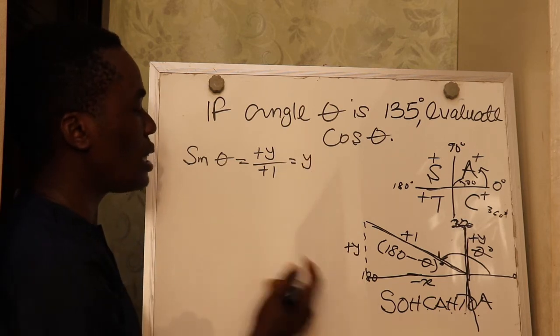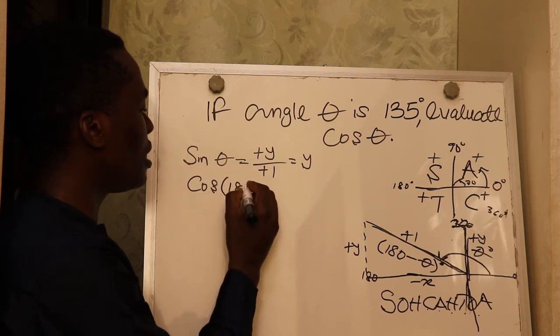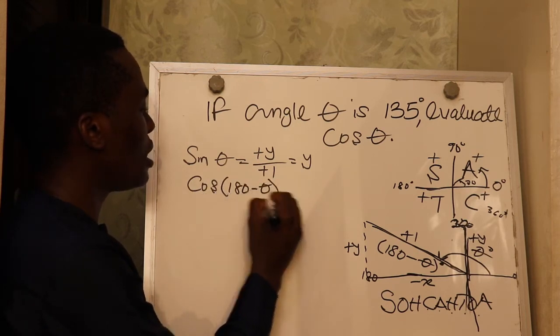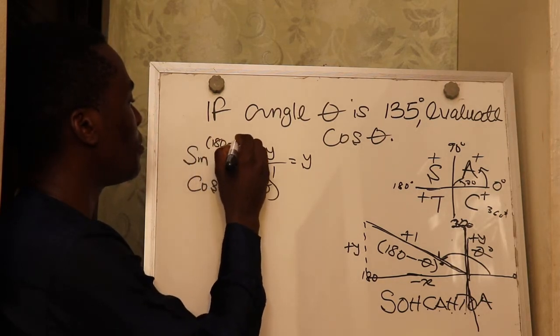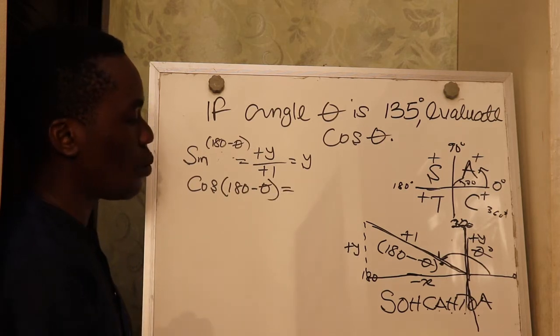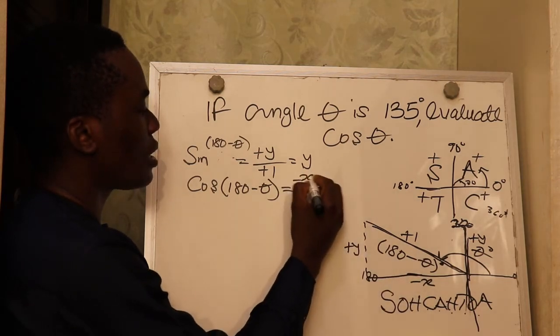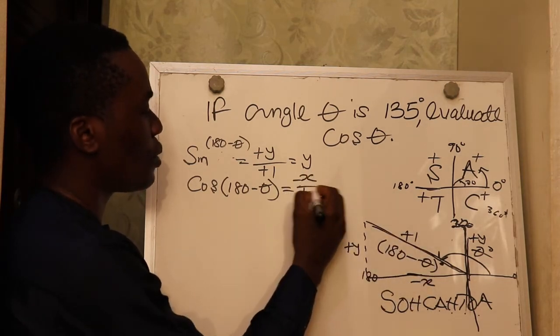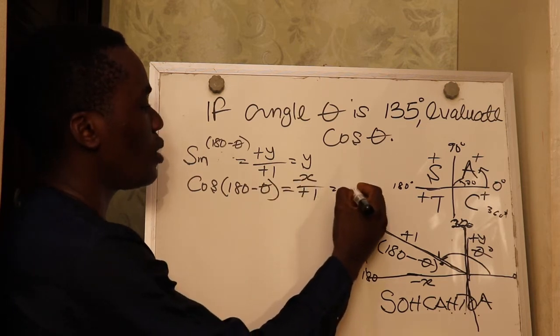Now, if we want to look at that for cos of that same angle, 180 minus theta, it will give us adjacent over hypotenuse, that is minus x divided by hypotenuse plus 1, which will give us minus x.